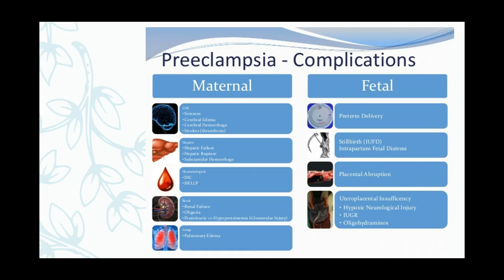They have neurological injuries. Well, the same things happen to a fetus whenever we have uteroplacental insufficiency that prevents oxygen from being delivered to the baby through the placenta. These babies may have IUGR, which is intrauterine growth restriction, and we may also find oligohydramnios, which is very low amniotic fluid levels.